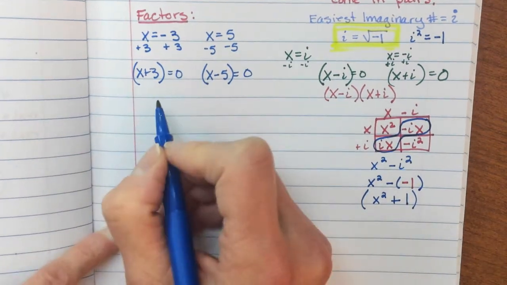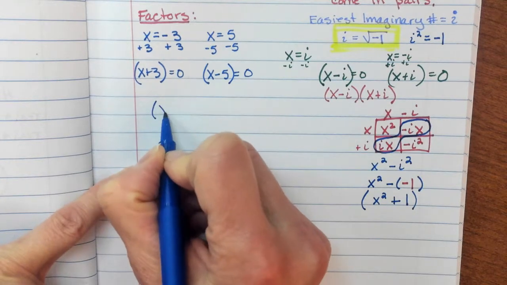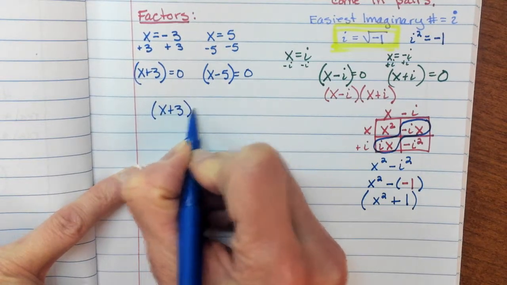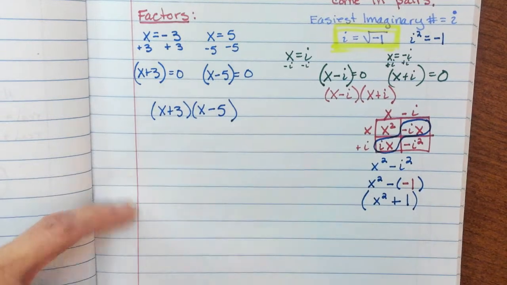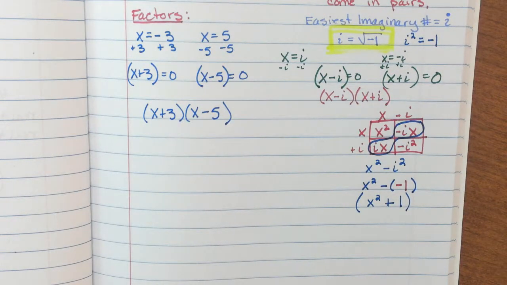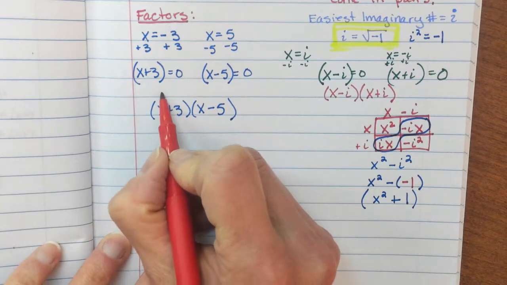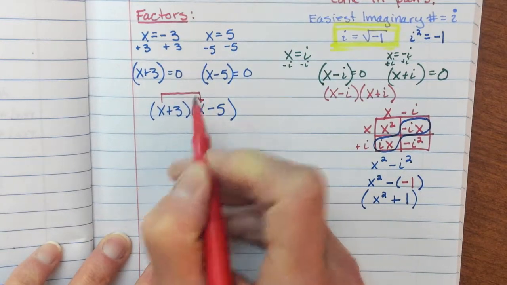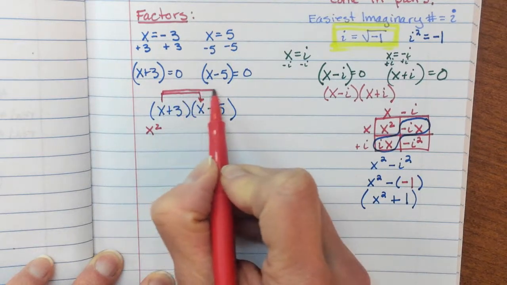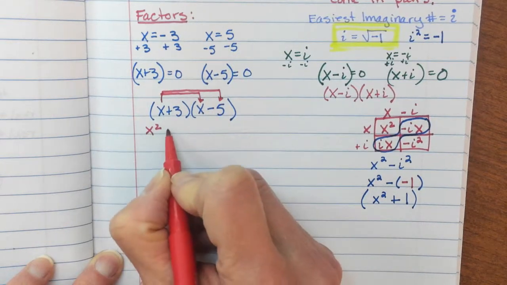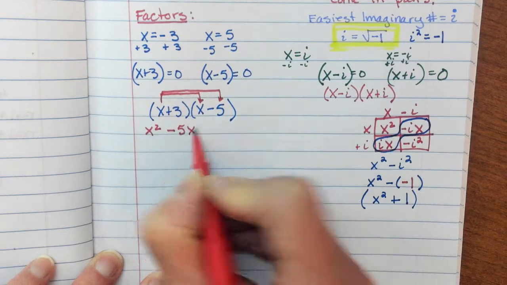Now I'm going to multiply my real roots together. I'm going to do it the other method, which is by distributing. x times x is x squared. x times negative 5 is negative 5x.